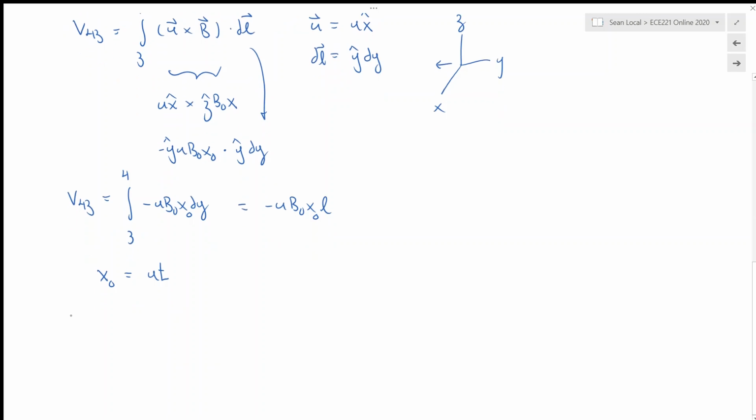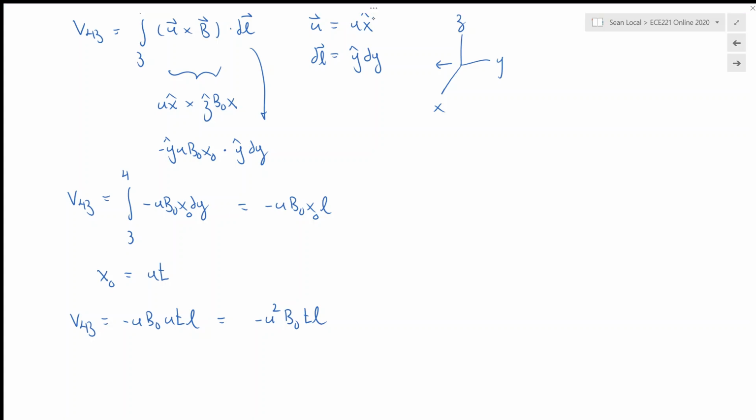So taking this forward, we can say that V43 is minus u B naught times u times t times L, which is minus u squared B naught t L. So we see that the voltage here is a linear function of time.